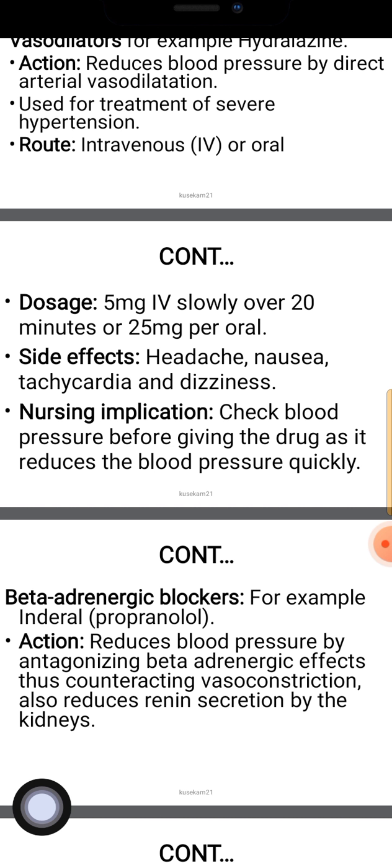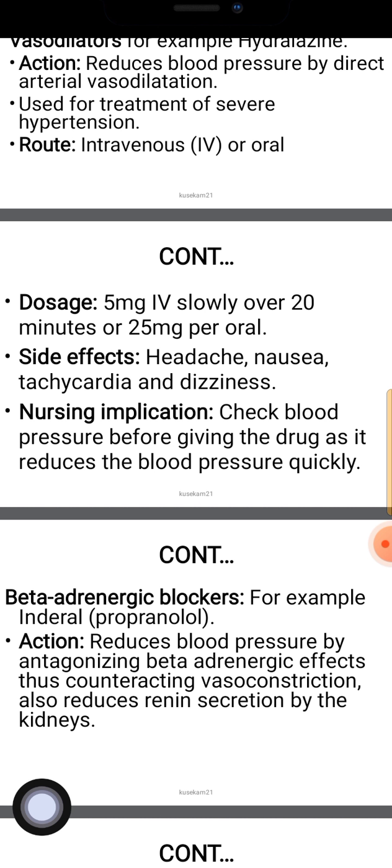When you give it fast, you interfere with the normal function of that drug in the blood. There are many things that can happen because you are giving it direct into the vein. So just give it slowly to prevent some complications that may come out. Maybe the patient can die.